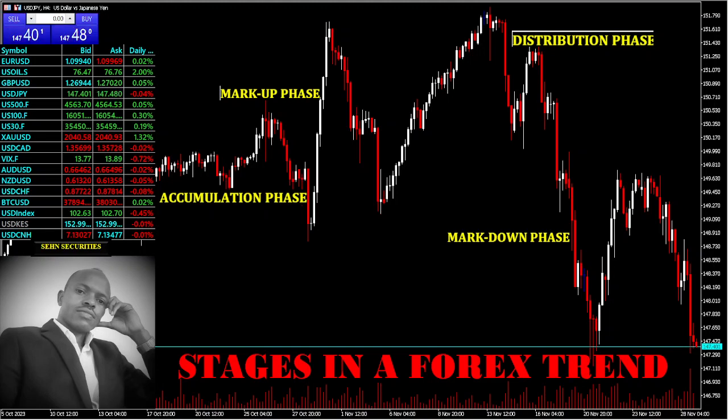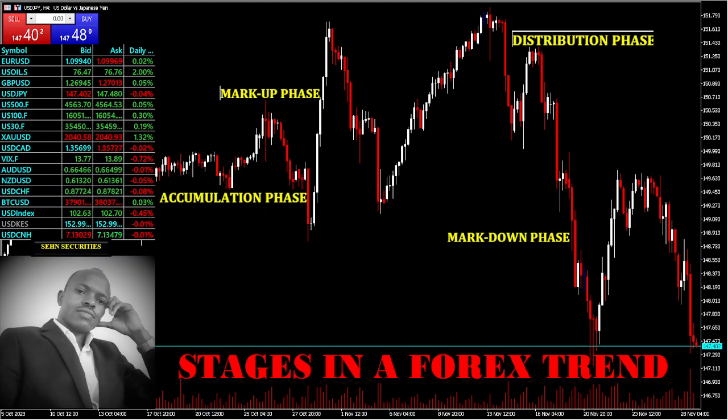But at this time, experienced traders are already taking short positions, which makes the market decline further. And this continues until the market bottoms or reaches a level where it will begin the accumulation phase, and then the cycle can repeat and so forth.